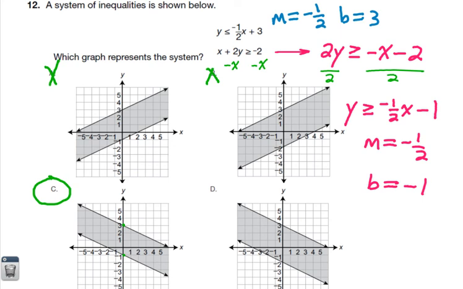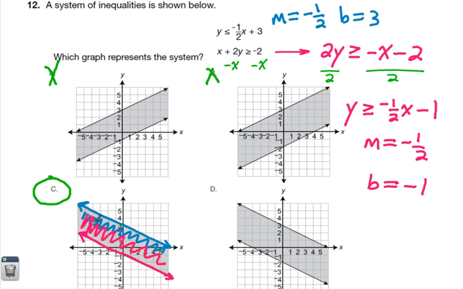And just to be super thorough and descriptive here, this guy has a solid line, this is the one where it's negative 1/2 x plus 3, and I just want to emphasize that the shading was supposed to be below that guy, but the shading for the other guy that had a y-intercept of negative 1 and a slope of negative 1/2, that shading was going to be above.